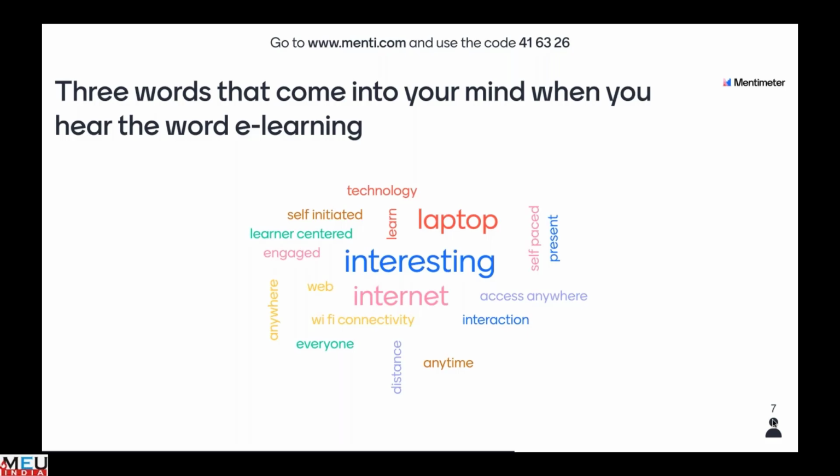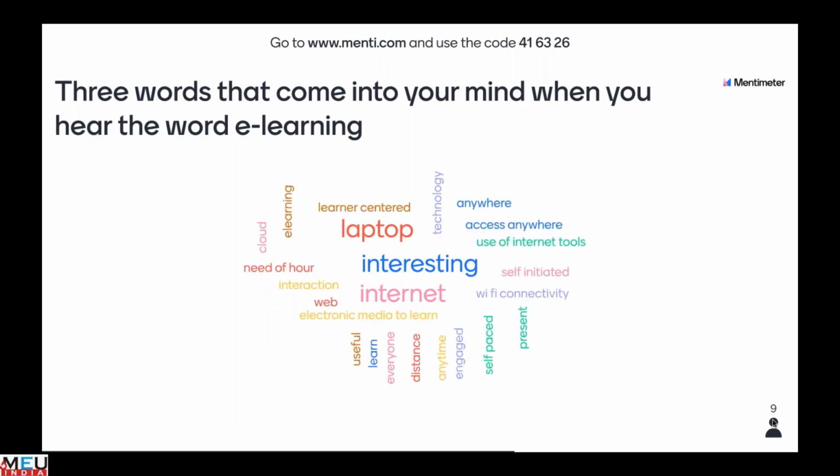So here you can see the largest word is interesting. So this means that most of you have given this as one of your 3 options, and all the others, that is web, anywhere, engaged, learner centered, these all may be selected only by one of you. So all of them are of the same size.